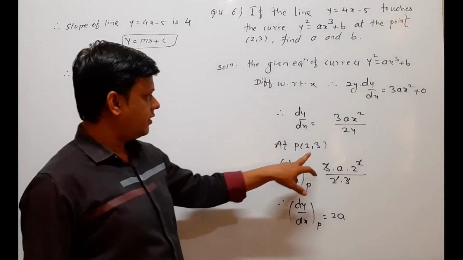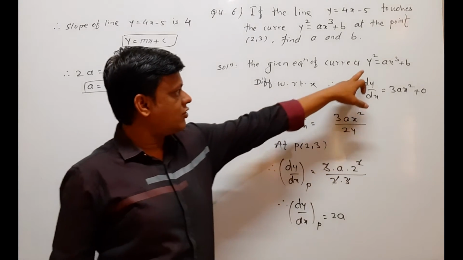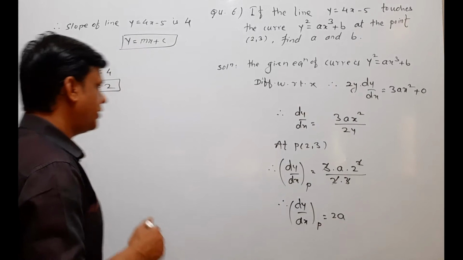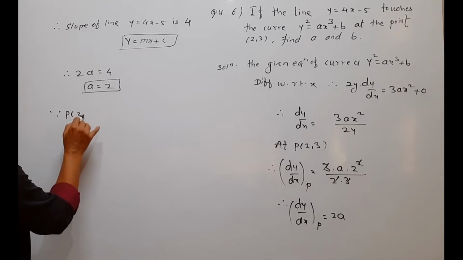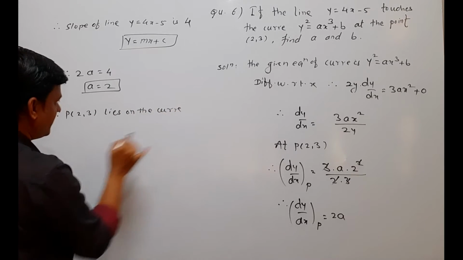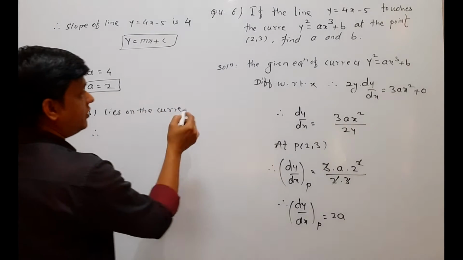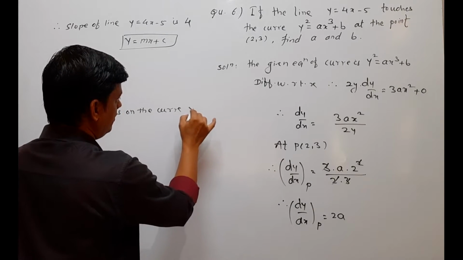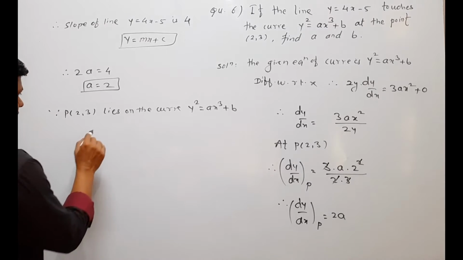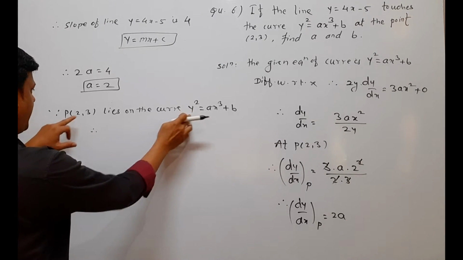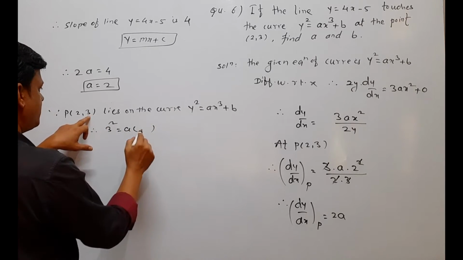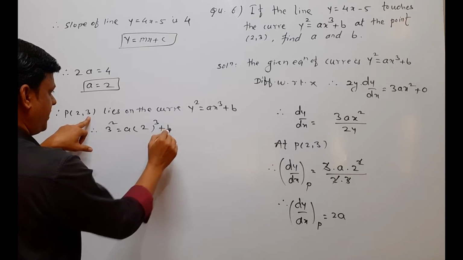Now this point p of 2, 3 lies on this curve. That means this point must satisfy the equation of curve. So we write here, since p of 2, 3 lies on the curve, write the equation of curve, y square is equal to ax cube plus b. Therefore y is 3, so write 3 square is equal to a into x is 2, so write 2 cube plus b.